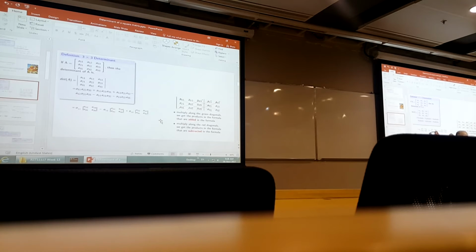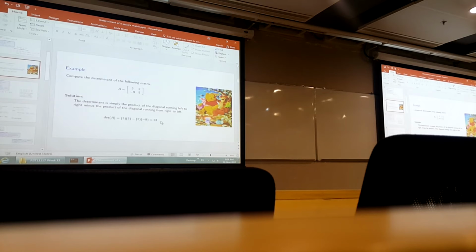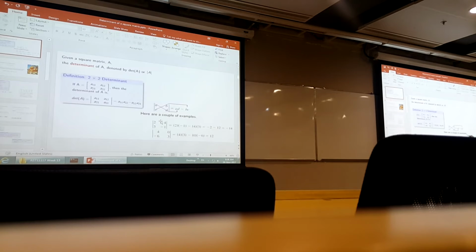It is a definition of calculating the determinant value of 9 numbers arranged 3 by 3. The way is to use this formula to reduce them into three 2 by 2, and then the 2 by 2 follows this definition to calculate the value.